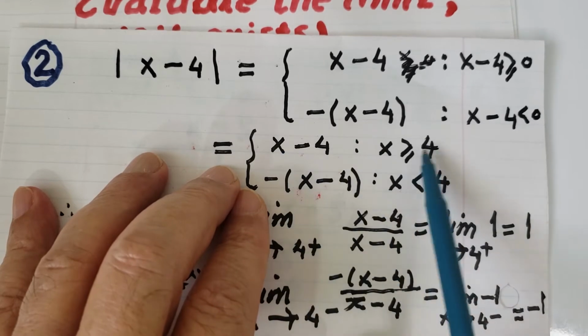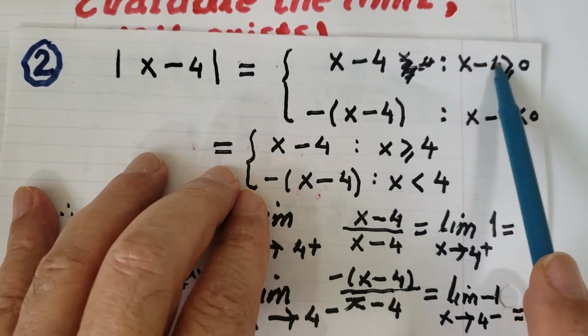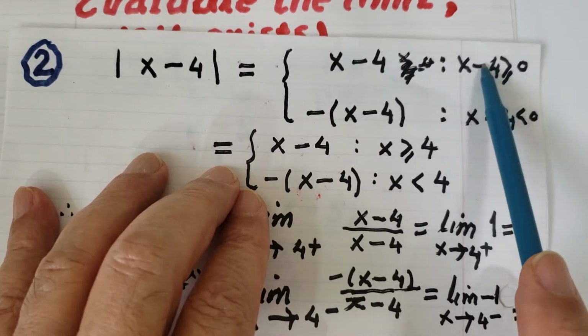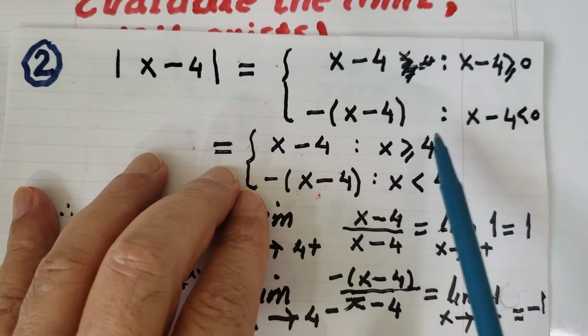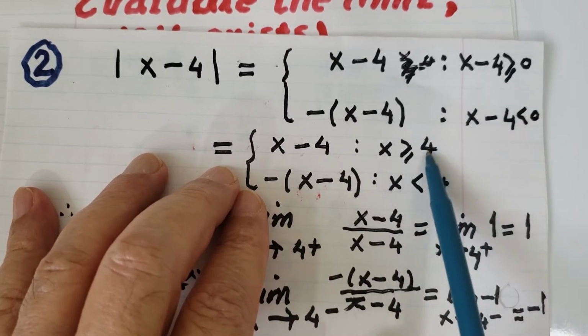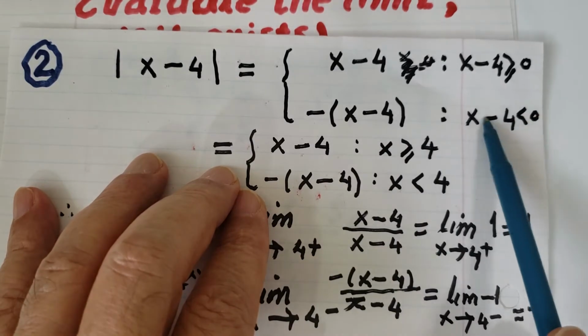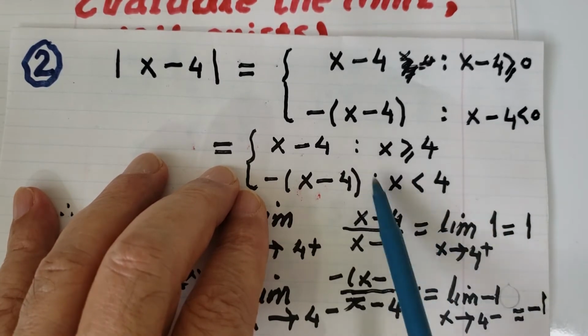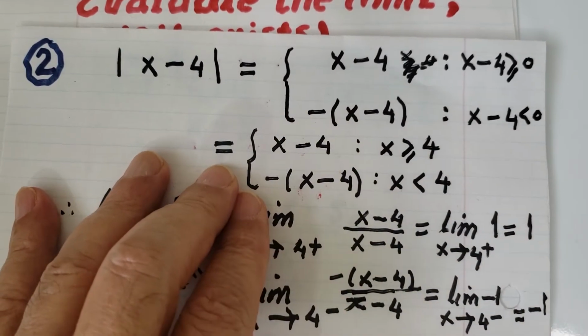So the two shapes of the absolute value are here. The first one is when x is greater than or equal to 4, because we move negative 4 to the other side, and it will be positive. And here, when we move this to the other side, it will be x less than 4. So these are the two shapes instead of the absolute value.